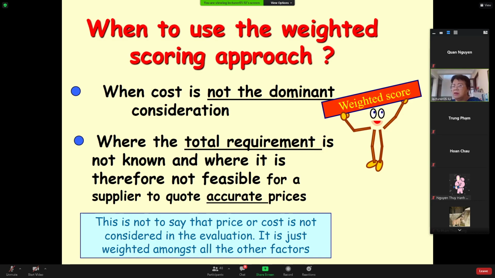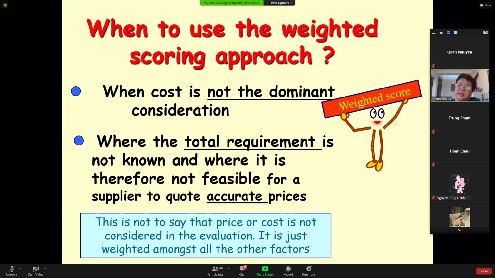But in a more complicated project or equipment or line or anything that you want to buy, where cost is not dominant in the consideration, and where the total requirement is not known and therefore it's not possible for a supplier to quote the accurate price, then you use the total weighted scoring approach.